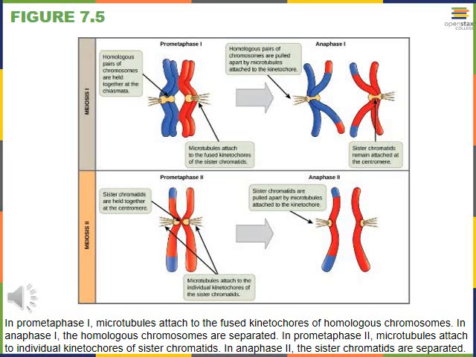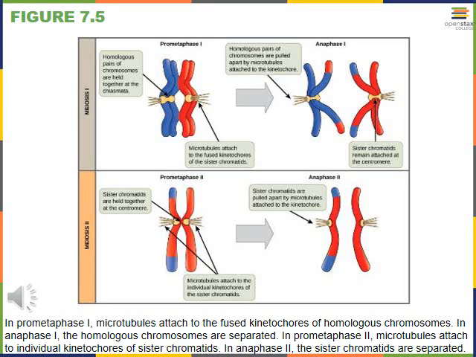So, in metaphase 1 of meiosis 1, you have two pairs of homologous chromosomes. Remember, the blue ones, both blue ones together, that's a pair of homologous chromosomes. The two red ones together are a pair of homologous chromosomes.